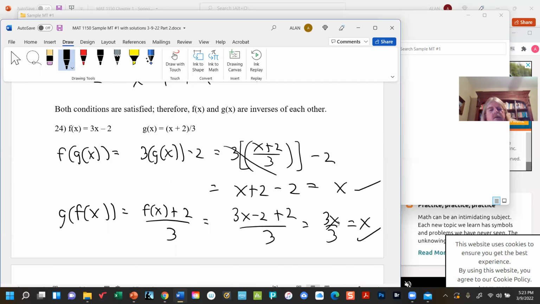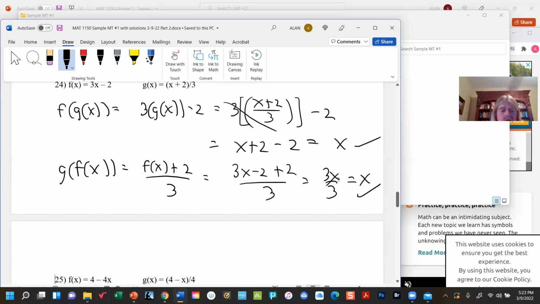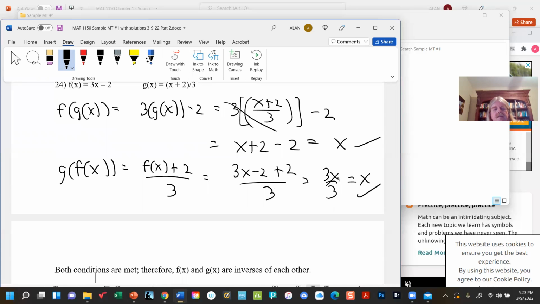Perfect. That one was nice and easy. So you can conclude that just by saying both conditions are met. Therefore, f of x and g of x are inverses of each other.